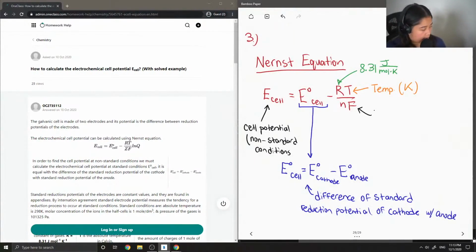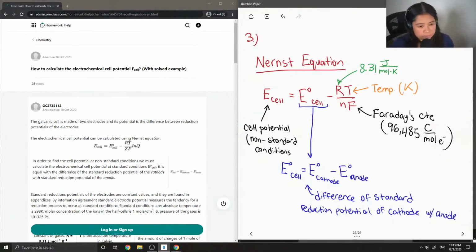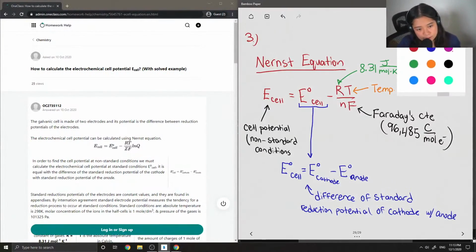F is another constant, and it's called Faraday's constant. Its value is 96,485 coulombs over mole of the electrons. And finally, n is the number of electrons transferred.